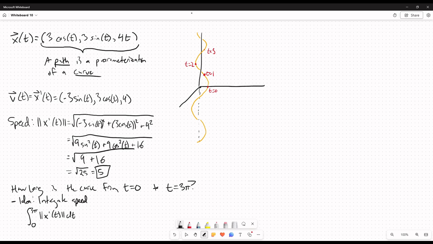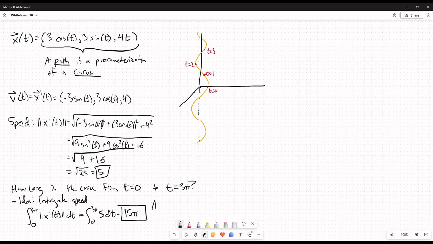All the t's disappeared, which was wonderful. That does not always happen, but it happened in this case, which makes life nice. So we're just integrating the constant function 5 from 0 to 3 pi, which gives us 15 pi as the length of the curve from t equals 0 to t equals 3 pi.